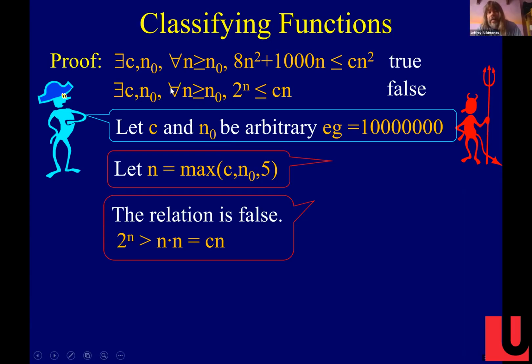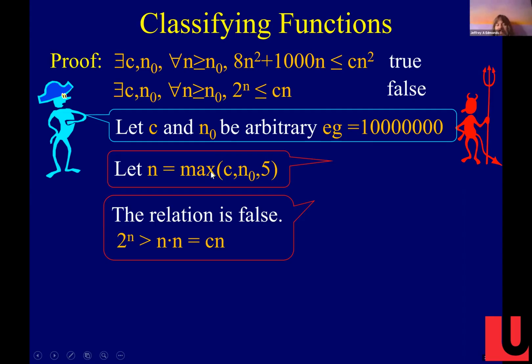Why? Because we're promising I have an n that's bigger than n naught, right? And I'm never going to make my n smaller than 5, right? So if he's fair and says c is 2, then I'm still going to say n is 5, right? Why? Because n is the biggest of all of these. That sentence simply says that n is going to be bigger than c, n naught, and 5.